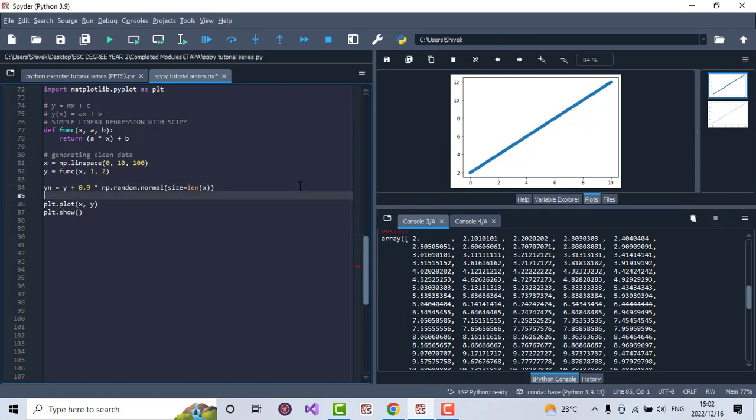So essentially I am randomly selecting a number from the length of x, multiplying it by 0.9 and adding it to y.